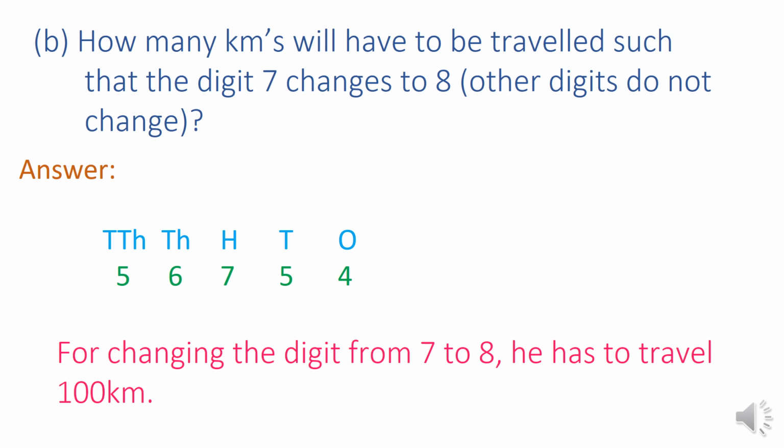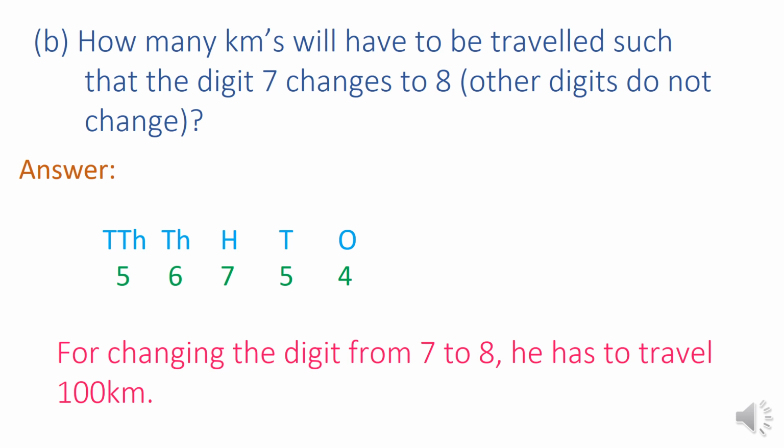This number has 4 ones, 5 tens, 7 hundreds, 6 thousands and 5 10,000s. How many kilometers will have to be travelled such that the digit 7 changes to 8?